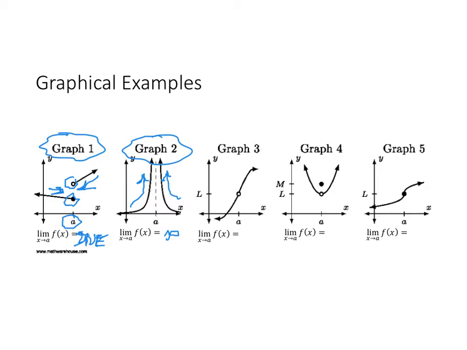Now let's look at graph 3. If we're approaching from the left, you can see that it approaches this value L. And if we're approaching from the right, it also approaches this value L. Now, the function does not exist at f of a.